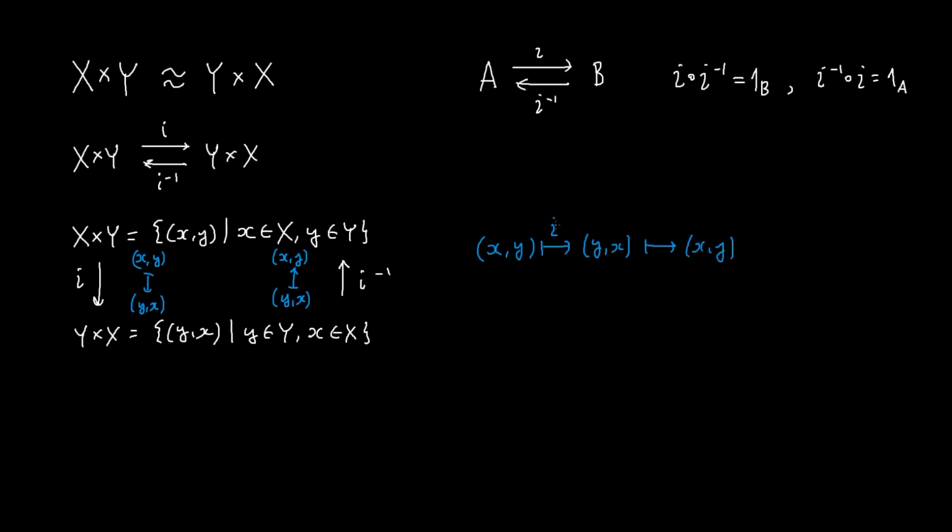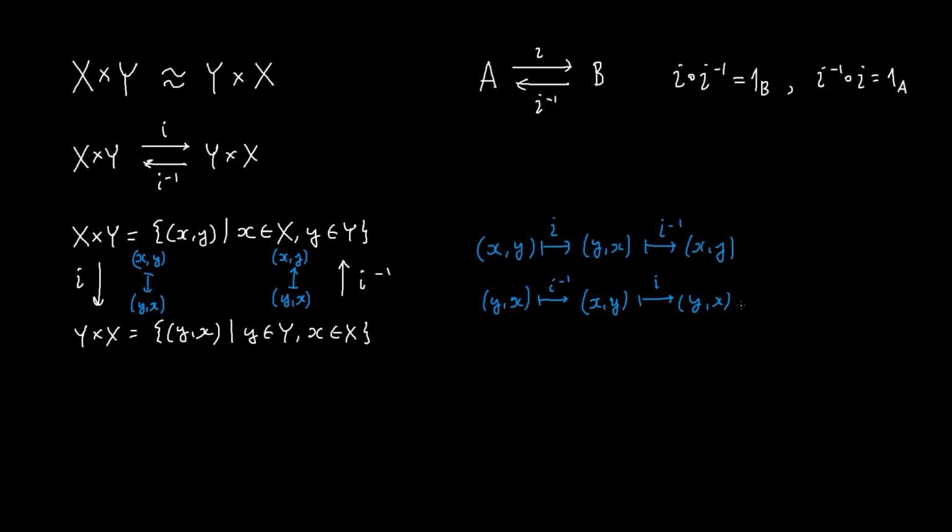So this is applying I first and then I inverse. And then if I apply I inverse first, which is of course a symmetric argument thanks to the fact that roles of x and y can be interchanged, then I get this, and then this maps back to yx by I. So the proof is done.